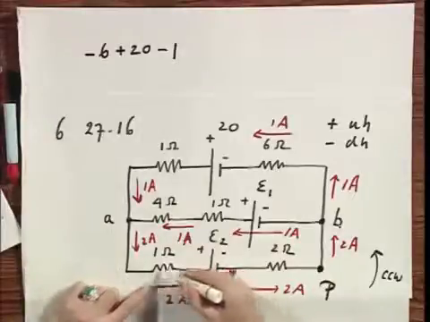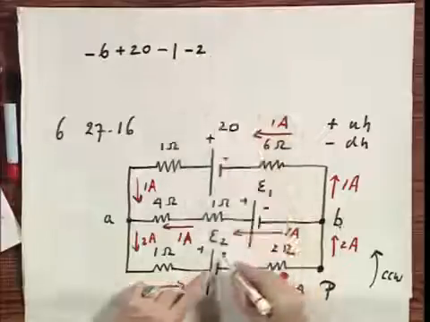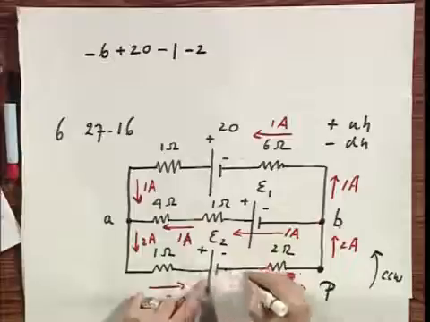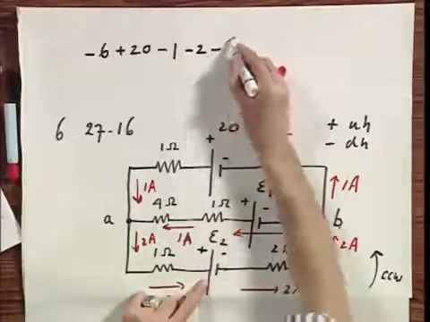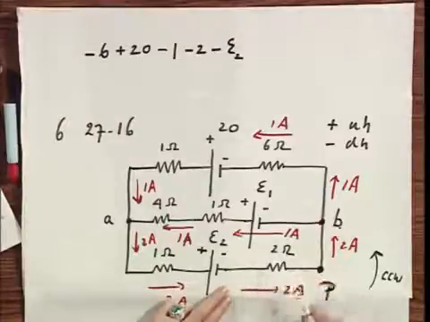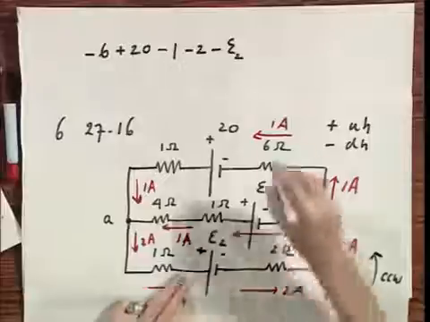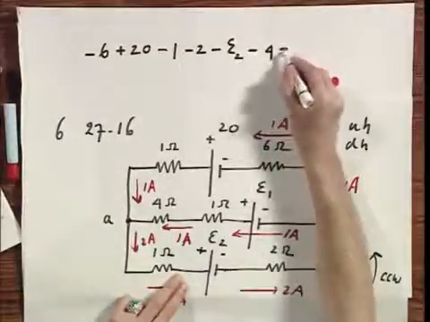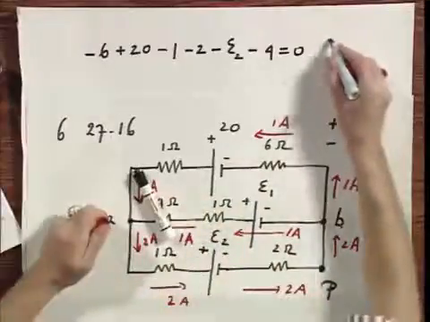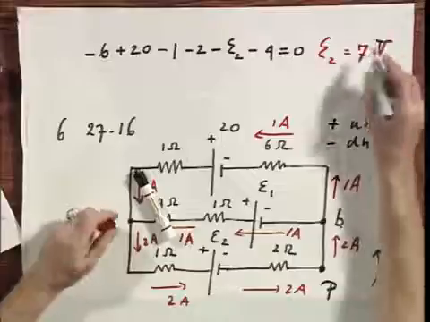The current is in this direction, I go to a lower potential, minus 2. I reach this battery, I go from a high potential to a low potential, downhill, minus E2. I go through this resistor, 2 ohms, 2 amperes, potential difference is 4 volts. I go to a lower potential, minus 4, equals 0. One equation with one unknown, and I find that the EMF of that battery, E2, equals 7 volts.